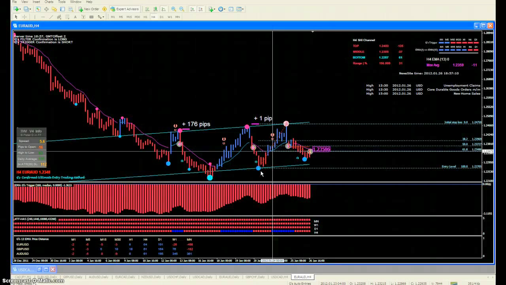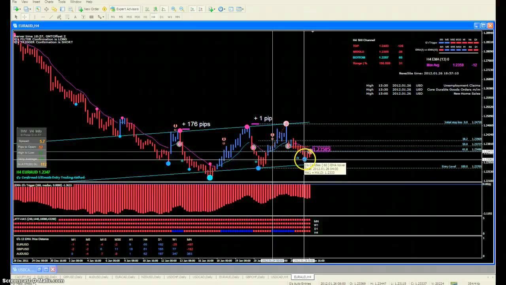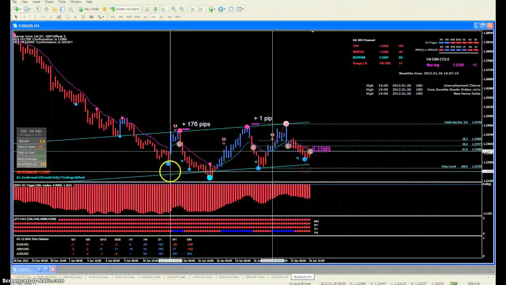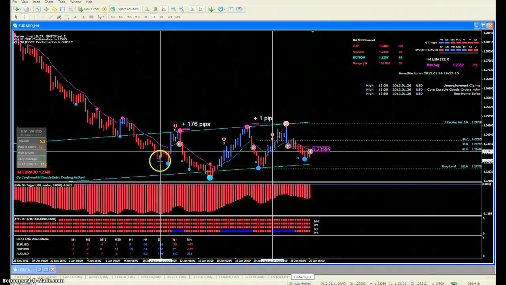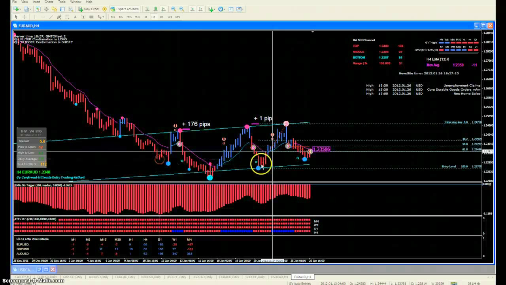So when we got to this area here, there is actual support coming back over here. When it came down, if it can't get past previous support levels that you see on the chart, or it's having a hard time in those areas, you might want to take those into consideration when deciding whether or not to hold on to a trade, if it even makes sense to hold that trade.